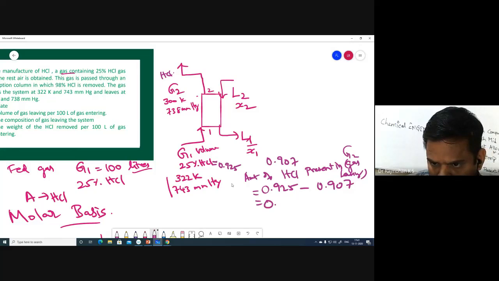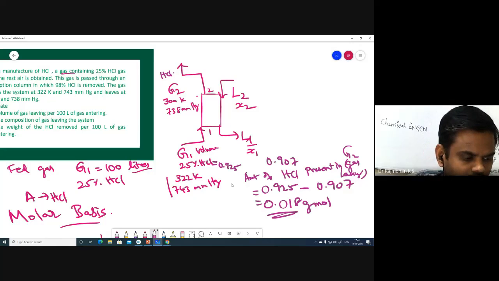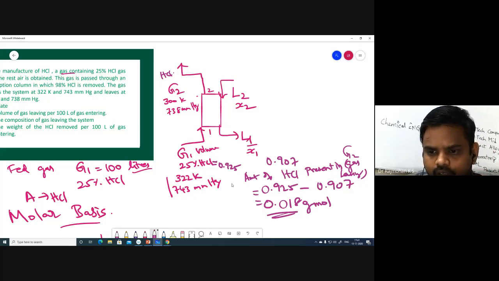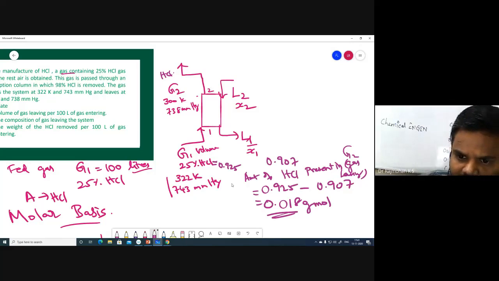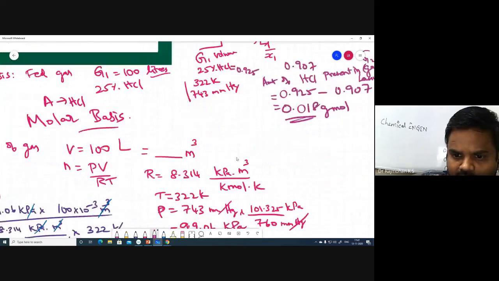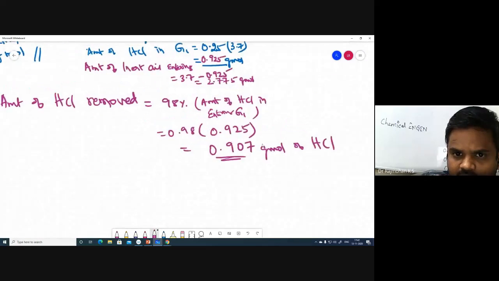Okay, 0.018 gram moles. So this is the gram mole of HCl that is present in the gas stream. Okay. So what is the total G2? Whatever is the amount of inert air that is entering the system, you can see that amount of inert air entering is 2.775, right? So what is G2? G2 is equal to inert air.